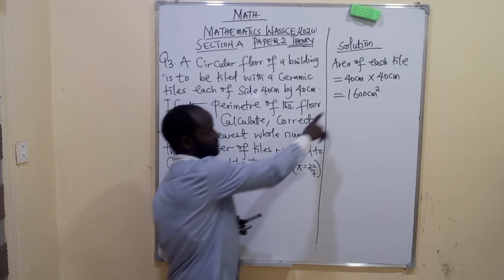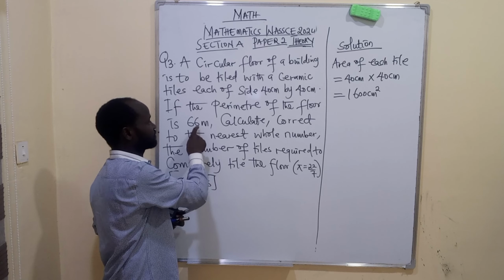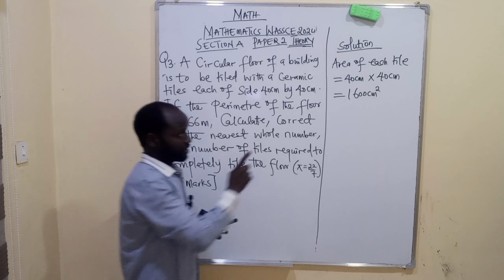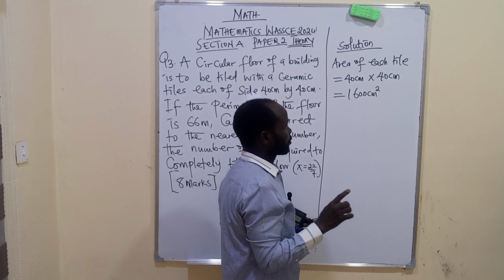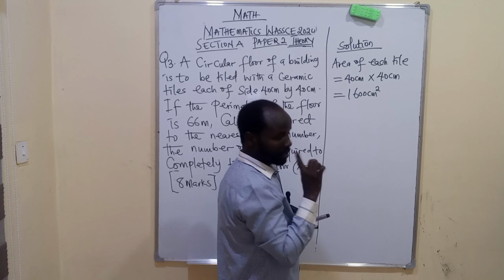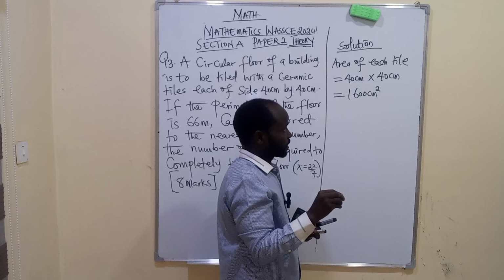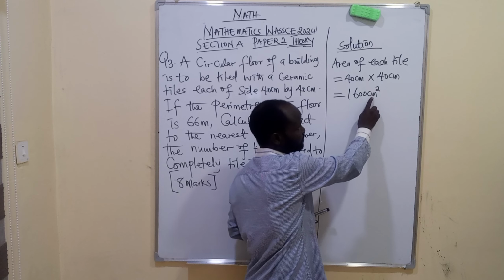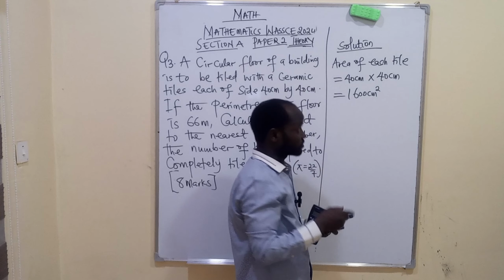We can still convert this to meter square. The reason is the perimeter is given in meters. We know that 1 meter square is equal to 10,000 centimeter square. So if you are converting from centimeter square to meter square, we divide by 10,000.